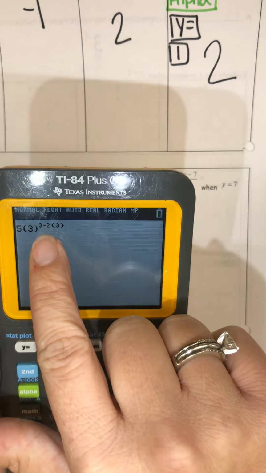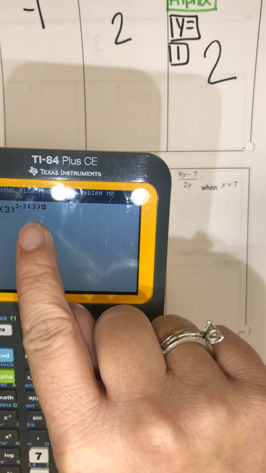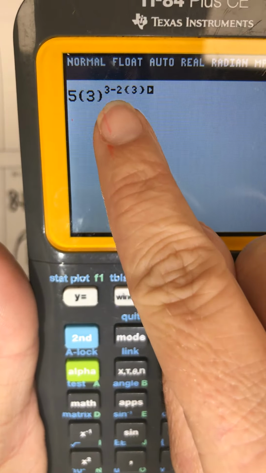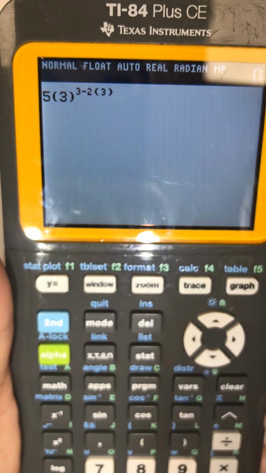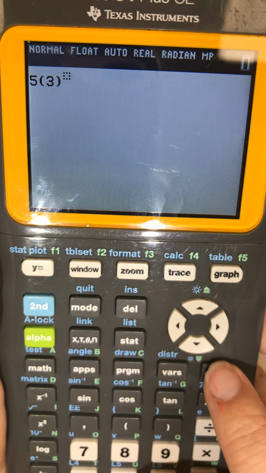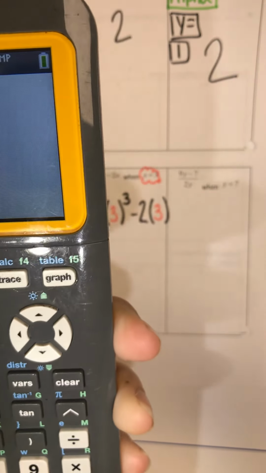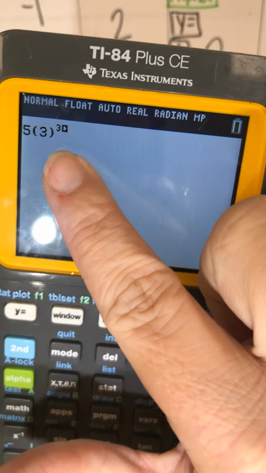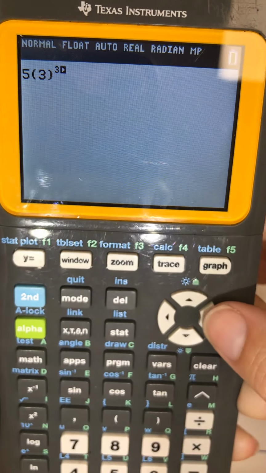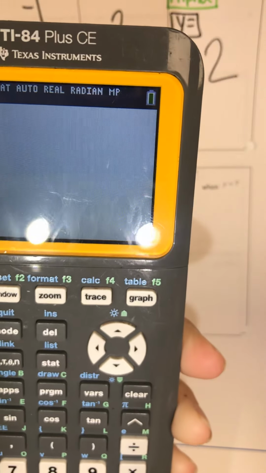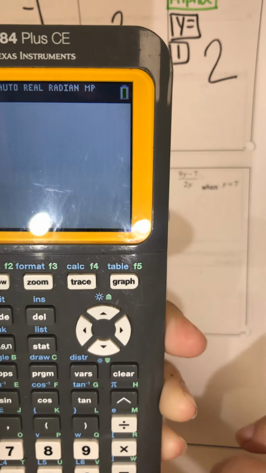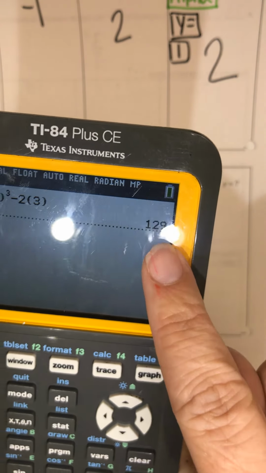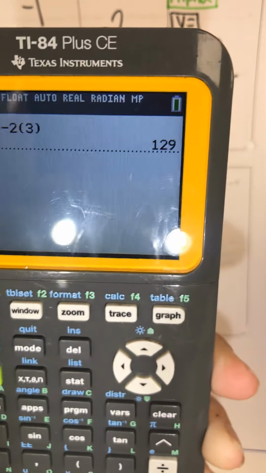Oops. See, notice I did not arrow out of it. It looks like it's all small. I didn't arrow out. So I'm just going to hit clear, and it takes me back to that point. That needs to be a 3. Now, do you see that arrow out button right there? I need to push the arrow over button, and that drops it all back down so it's not all up in the exponent part. And my answer here is 129.